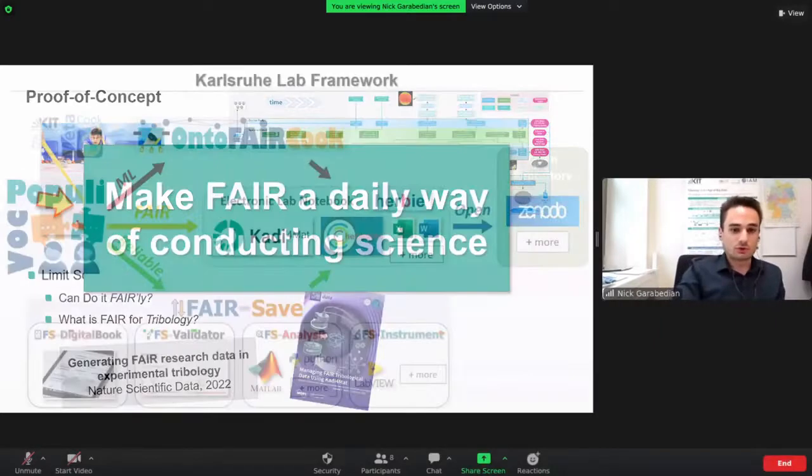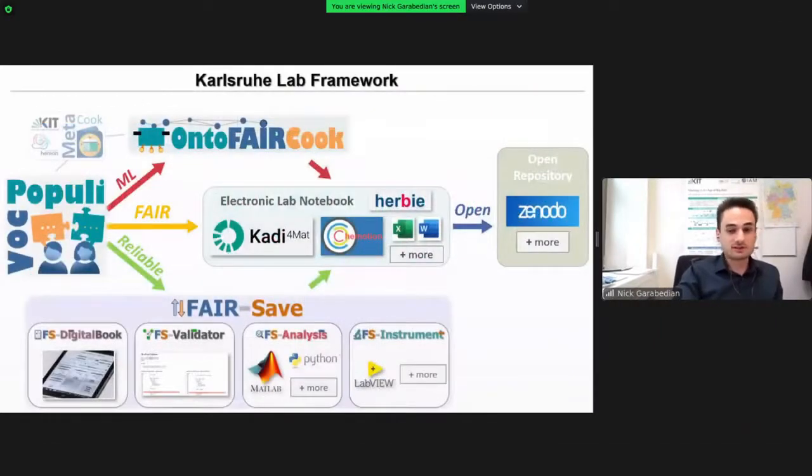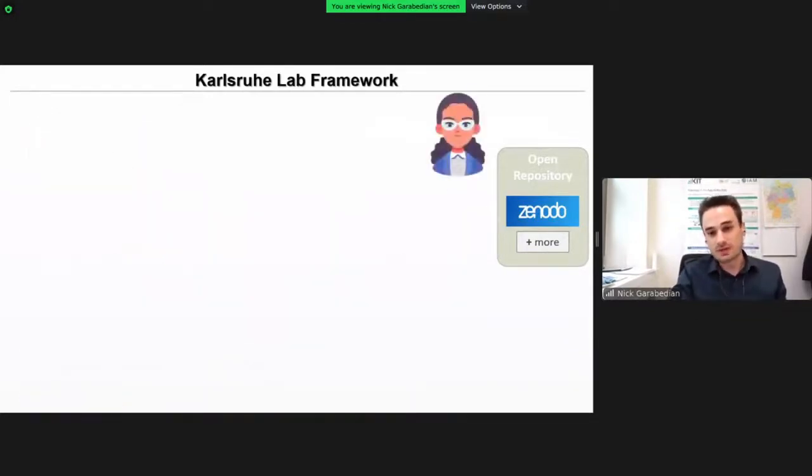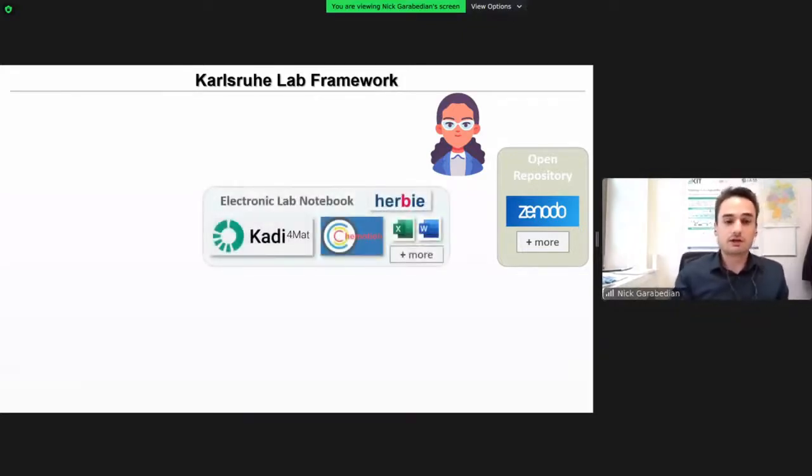So the new framework that we operate under looks like this. That is probably a little crowded, so I will actually run this through a few stories. So the first story is about a PI who wants to make their data open, given some governmental or funding requirements or self-motivation. Now, maybe this PI will go to an electronic lab notebook provider to help with that. And there are many solutions for electronic lab notebooks.